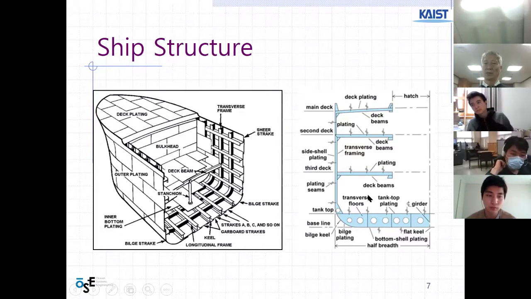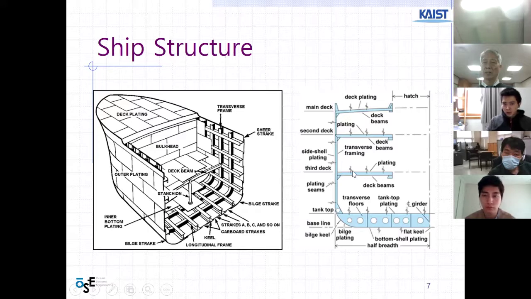And here on the right-hand side you see the hatch. You may have heard about the hatch cover, deck plating, and beams. A beam is a frame like this one, a frame under the deck plate. So you see these steps of the deck beam are not the depth, the thickness of the plate. The thickness of the plate is very small compared to the ship size.